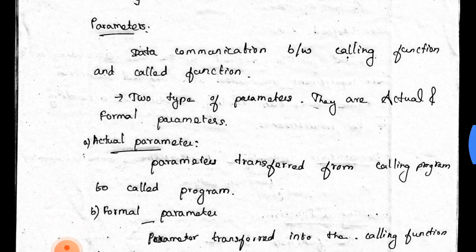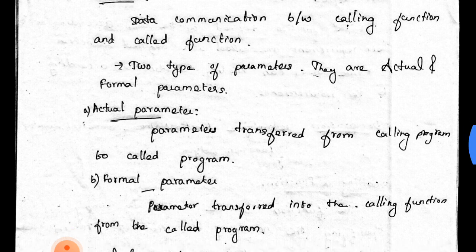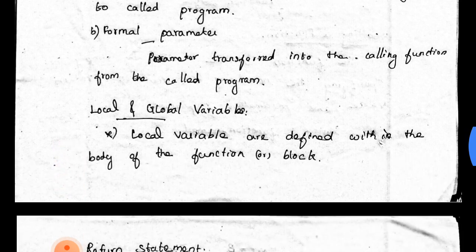In actual parameter, the value is taken from the calling program, but for formal parameters the parameter is transferred into the called function. This is called formal parameters.